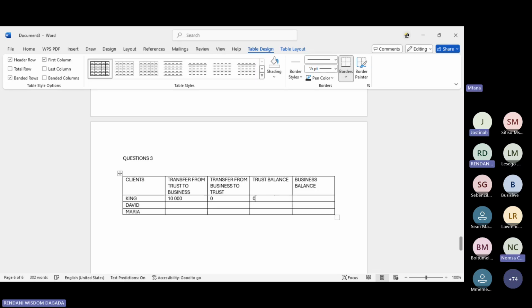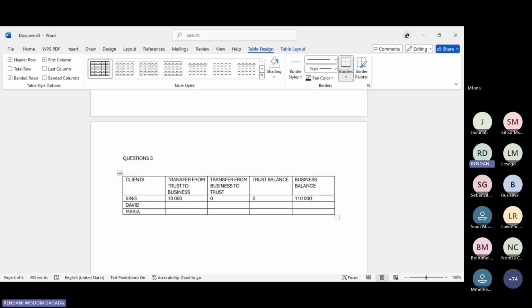Trust balance is 0. Business balance is 110,000. He doesn't have anything anymore because he transferred the money. Now, how much does he still owe the business? 110,000. That is how this works.